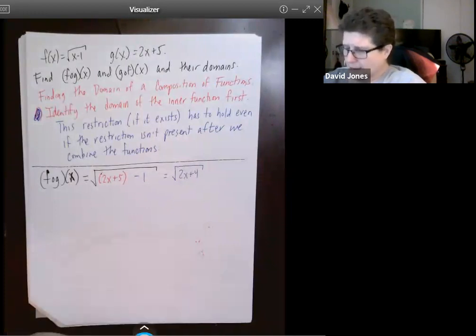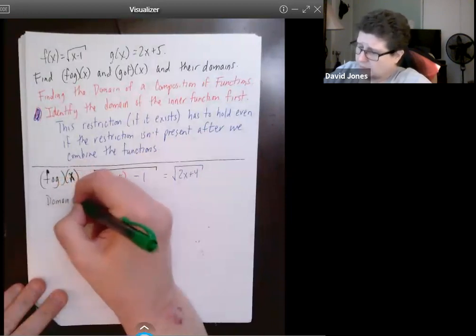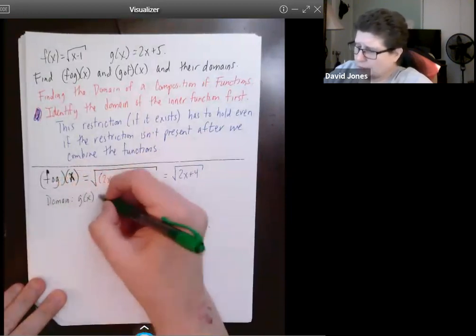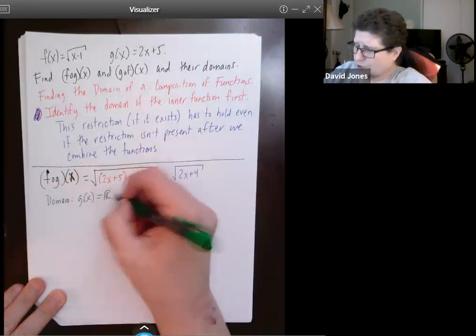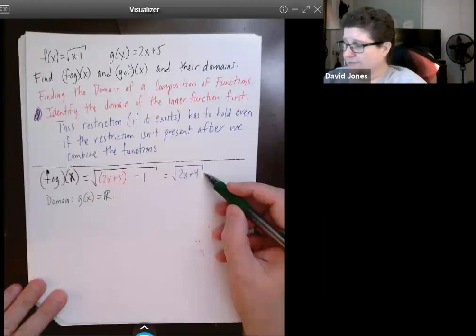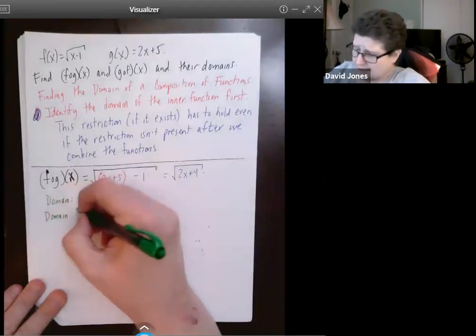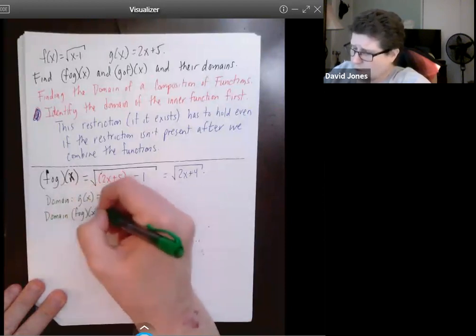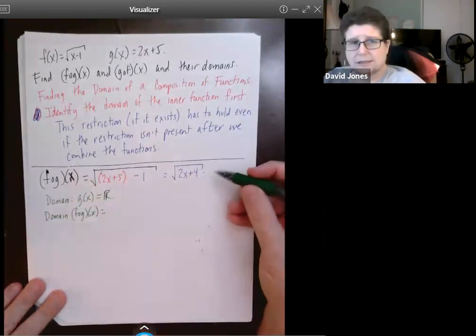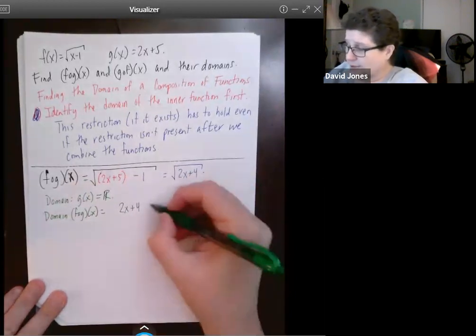Now the domain. g of x is all real numbers because it's a line, so we're good there. So then we just got to find the domain of f of g of x. When you have a radical, the radicand has to be greater than or equal to 0.